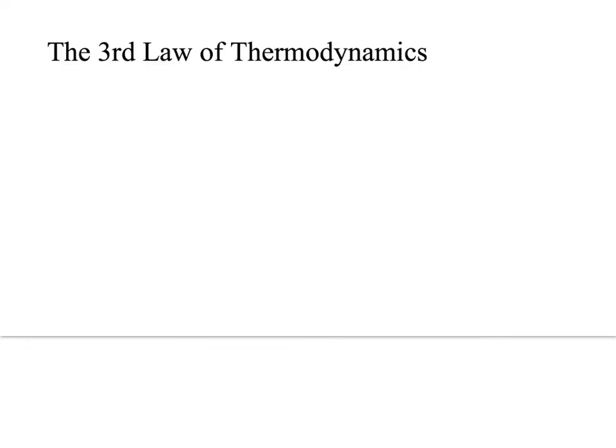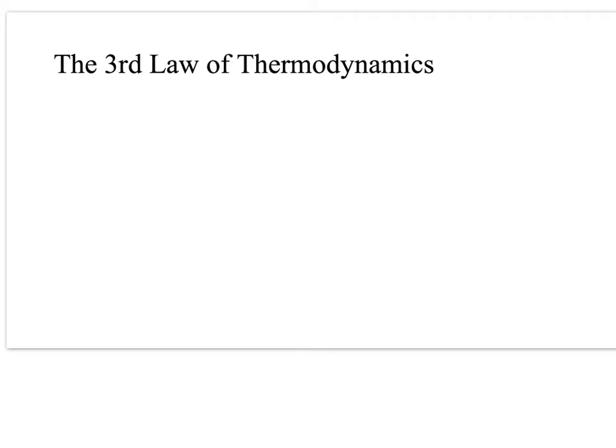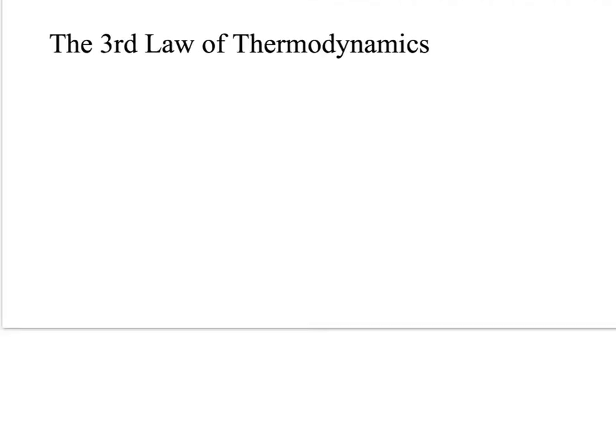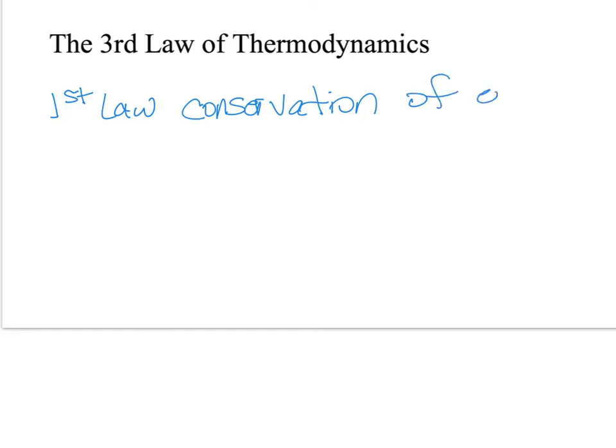In this chapter, we talk about the three different laws of thermodynamics. Just to review, the first law is conservation of energy. We know that overall energy for the universe is going to be equal to 0, and that the system and surroundings are going to be opposite of each other. So conservation of energy.